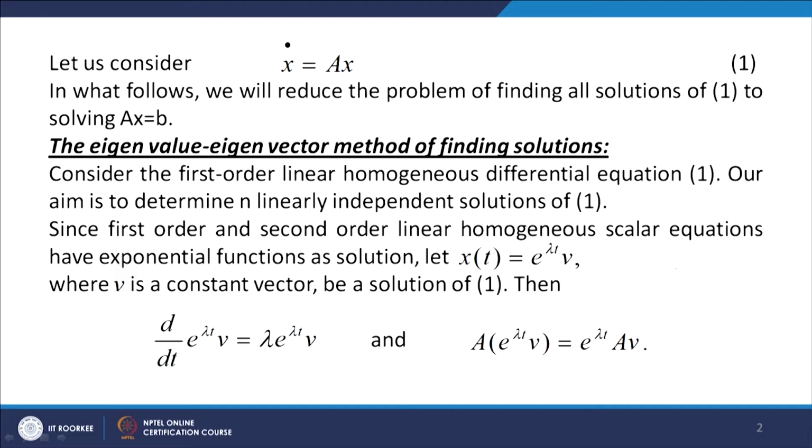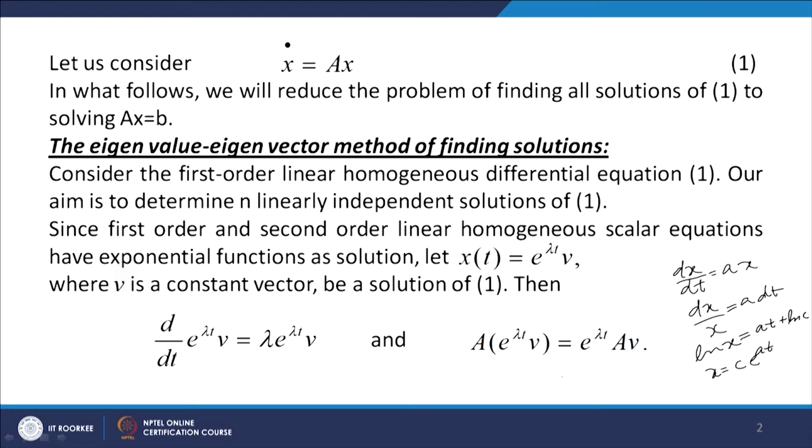linear homogeneous scalar equation, then it is dx by dt equal to some constant a times x, which we can write as dx by x equal to a dt, and which gives us ln x equal to a t plus some constant which we can write as ln c. So, then x is equal to c times e to the power a t.